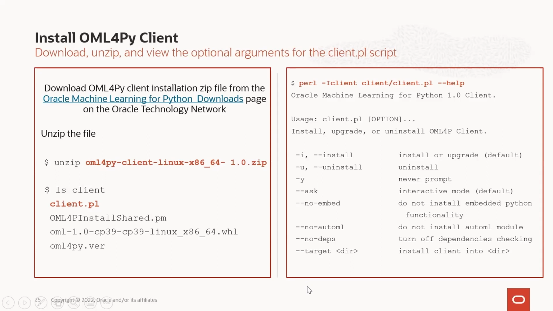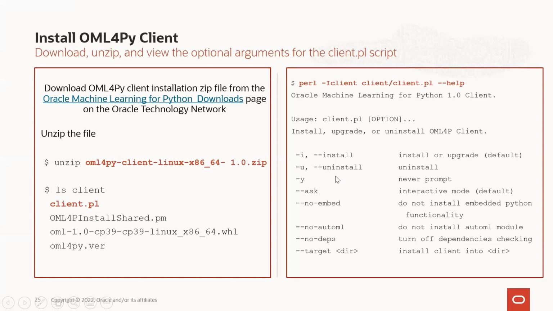On the right, I'm showing that if you pass help to the Perl script, you'll see all of the options that are available. The default is to run this interactively, but you can script it if you set ask to no and pass all of these parameters at the command line.